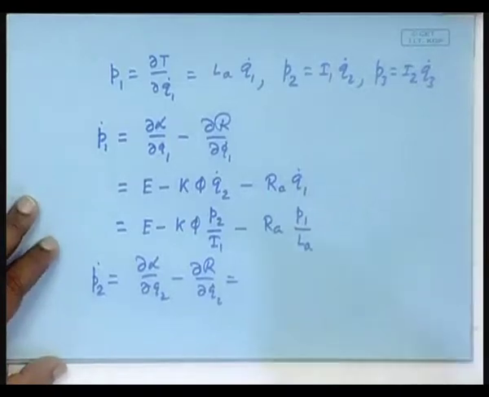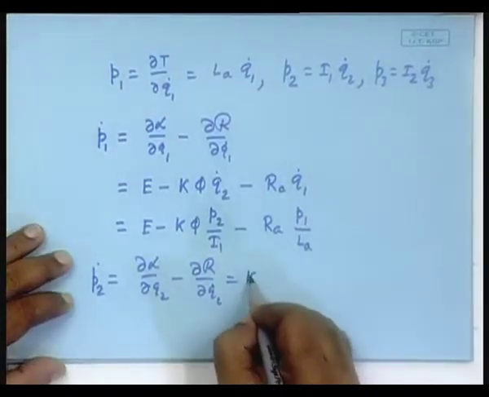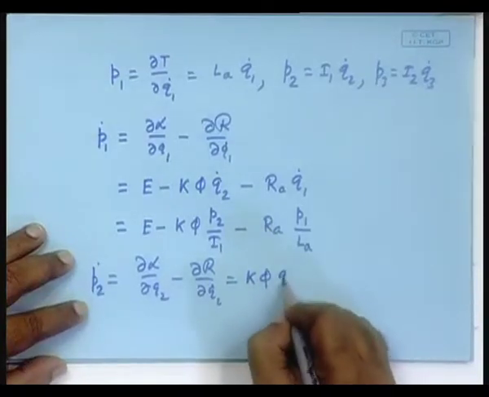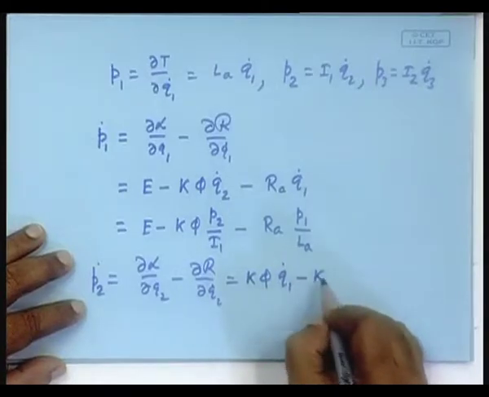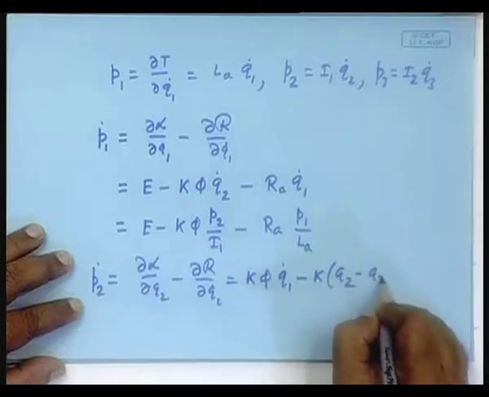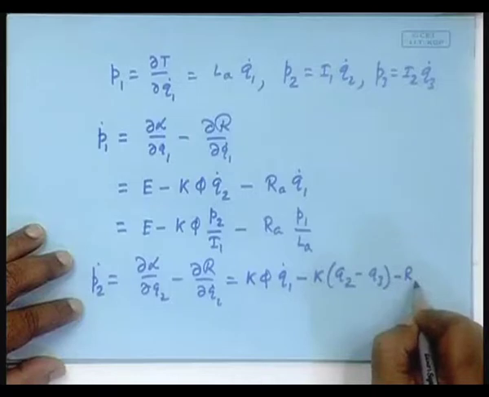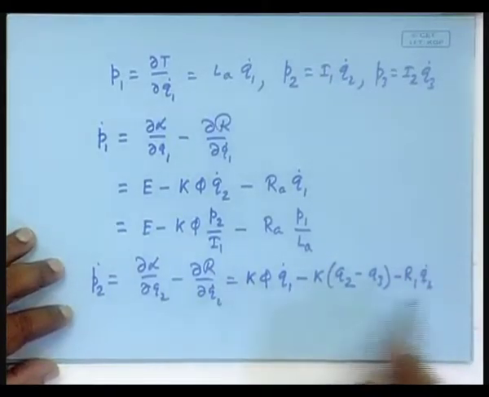So, you will have to write it as K phi Q1 dot minus K (Q2 minus Q3) minus R1 Q2 dot, and then substitute these two.